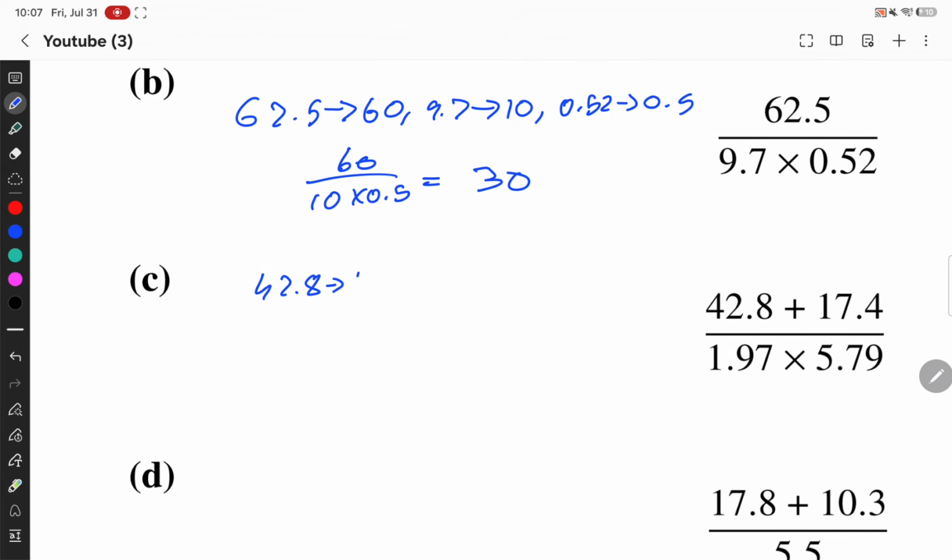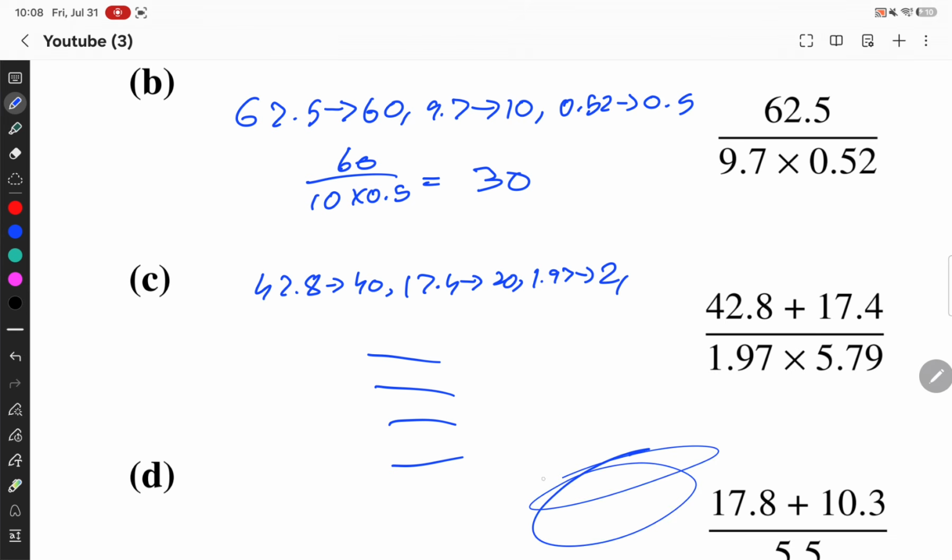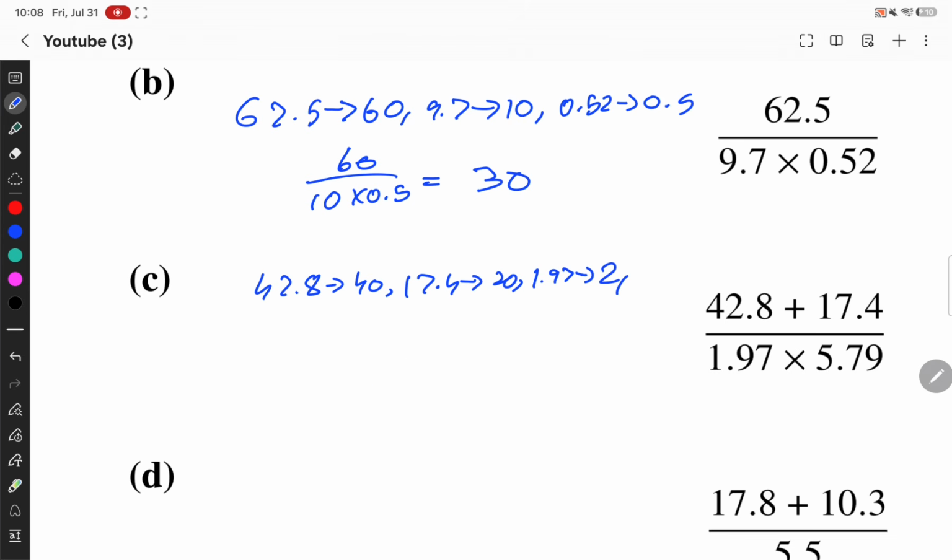42.8 becomes 40. 17.4 becomes 20. 1.97 becomes 2. And I don't have any answer space, that's why you guys can write it in a nice line form when you're working. And 5.79 becomes 6. So you got 40 plus 20 all over 2 times 6. We get 60 over 12, 2 times 6.